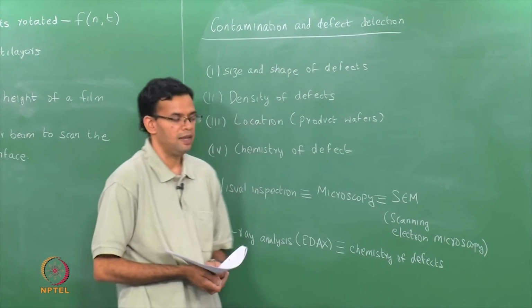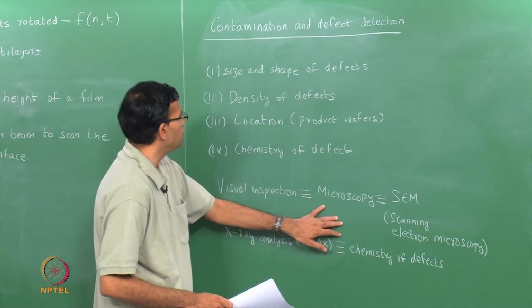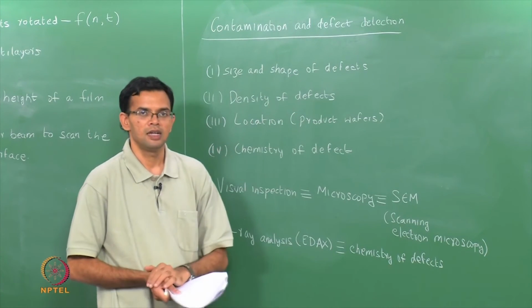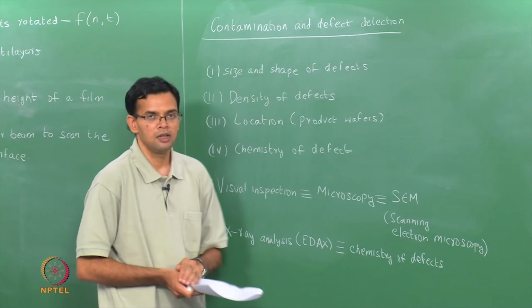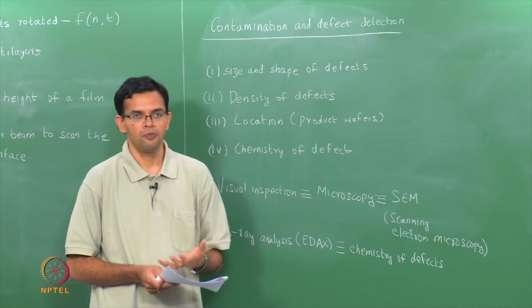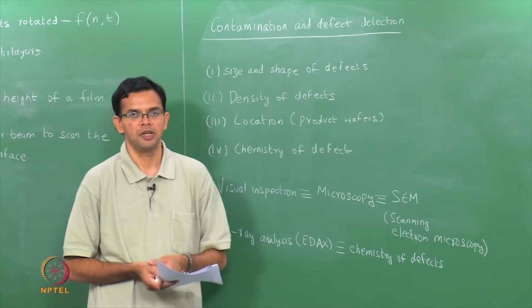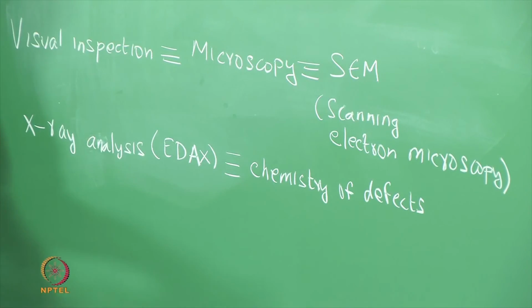So, by using an SEM, you not only get information about the size, density and location, but later we can also go and get specific chemical information about the defects.